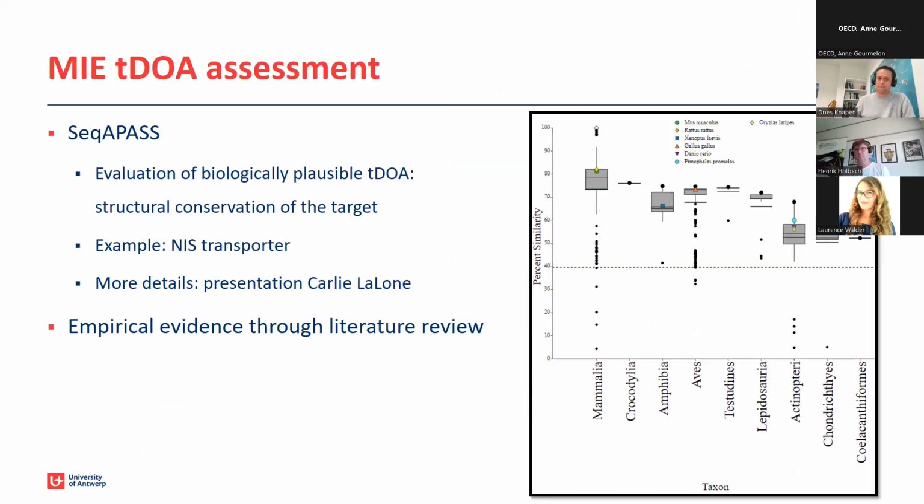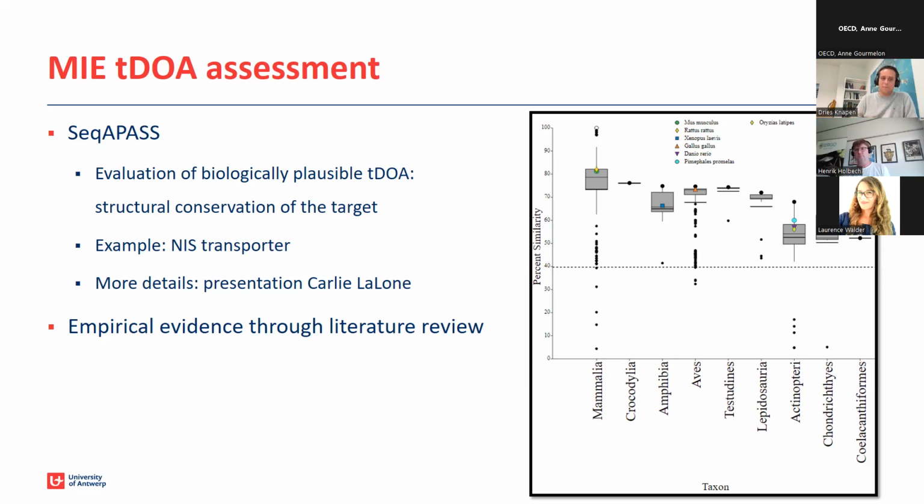Next slide, please. We started with the MIEs, and I think Carlie will provide more information later on about the SeqAPASS tool. But one of the things we did there was use the SeqAPASS tool to assess structural conservation of the different targets, so the different proteins and enzymes involved in these MIEs.